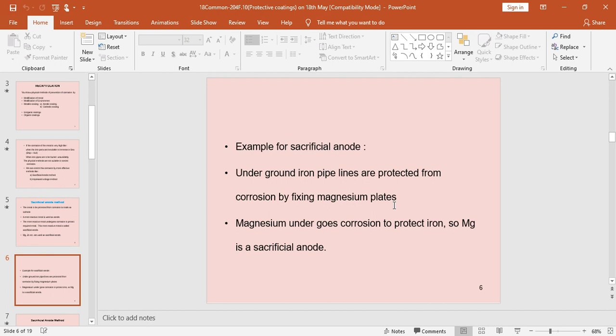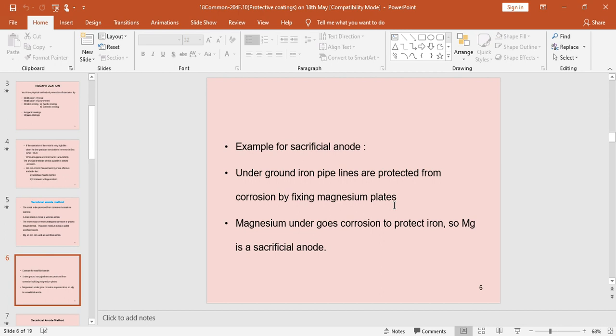If magnesium is connected to the iron pipeline, magnesium undergoes corrosion to protect iron. So magnesium is a sacrificial anode, sacrificing its life to protect the iron. That's why it is called the sacrificial anode method.